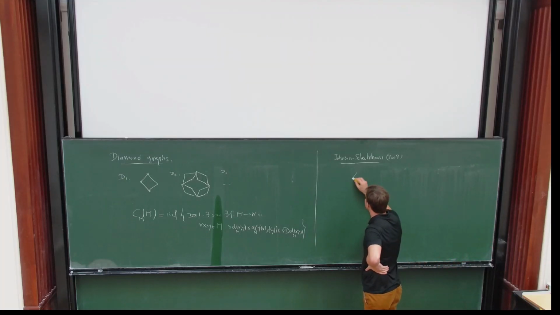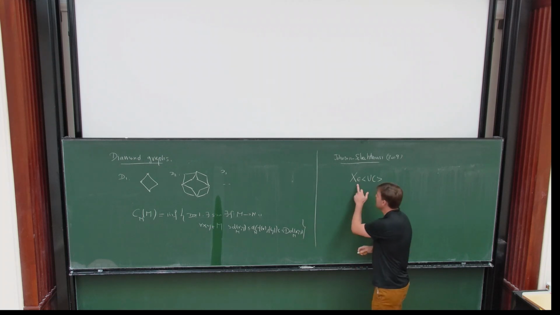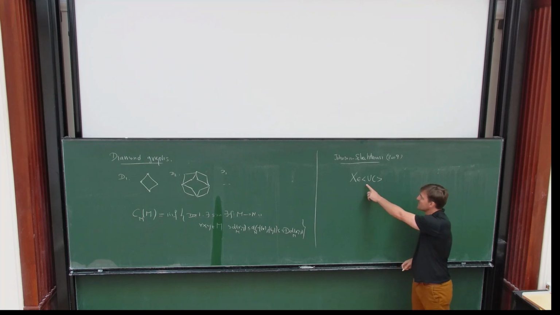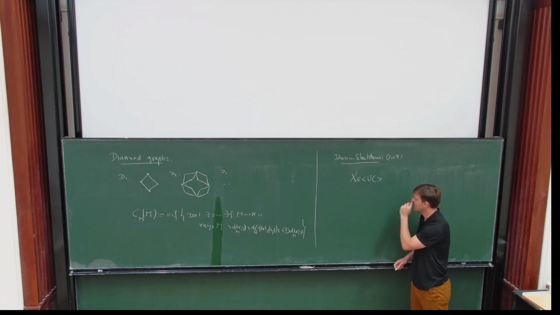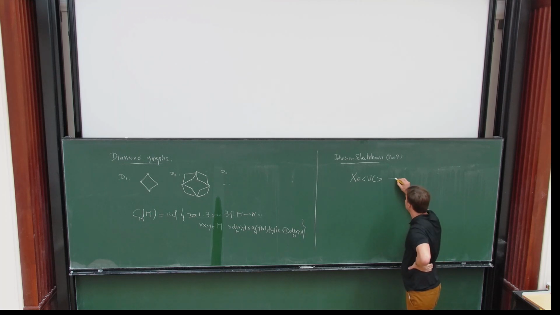X here is going to be a Banach space. I'm going to explain what it means. This means that it has an equivalent norm that is uniformly convex, which was already more or less defined in Poincaré, but I'll go back to this in a moment. This can be characterized in terms of this metric invariant here.